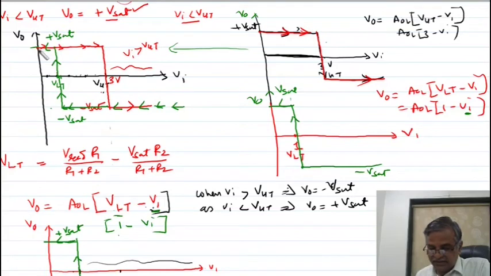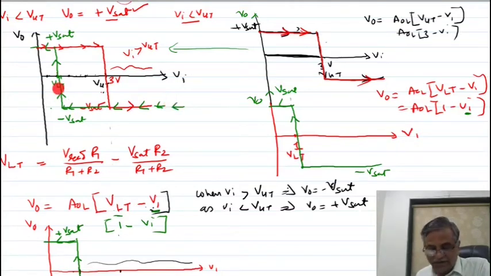When the input increases, your output is plus V sat. When the input is more than VUT, immediately the output changes from plus V sat to minus V sat. As it becomes minus, the voltage level at the non-inverting terminal is changed.